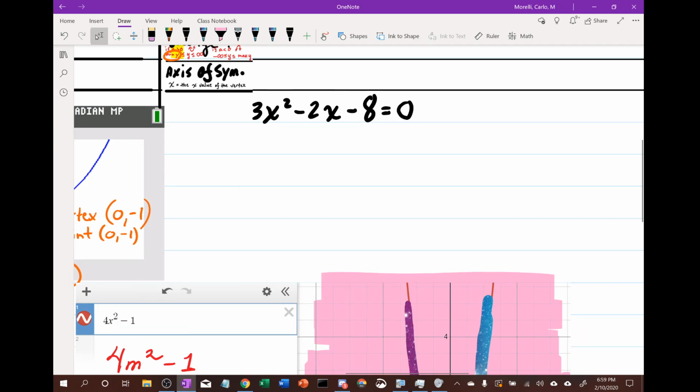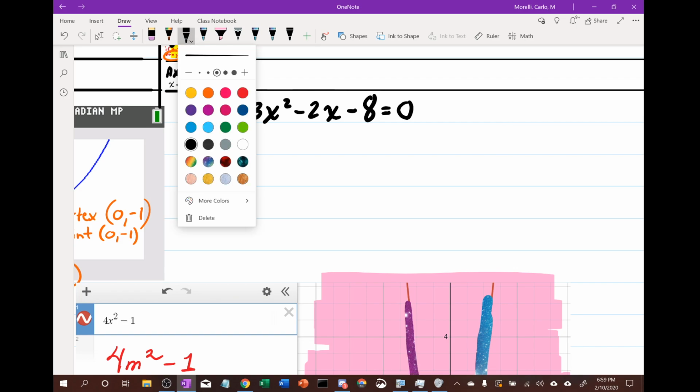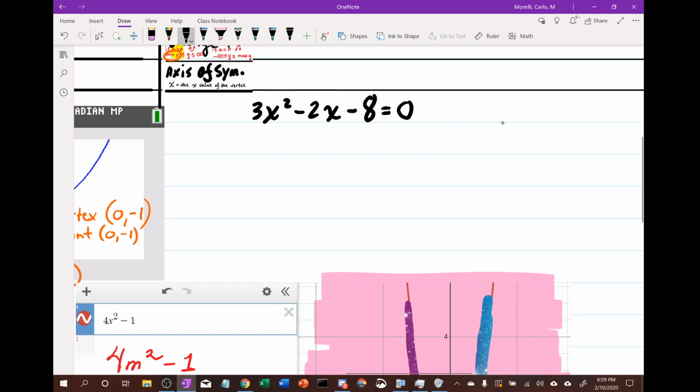So anyway, back to the math. If we're going to factor this by hand, we have to identify A, B, and C. What do you guys think A is?